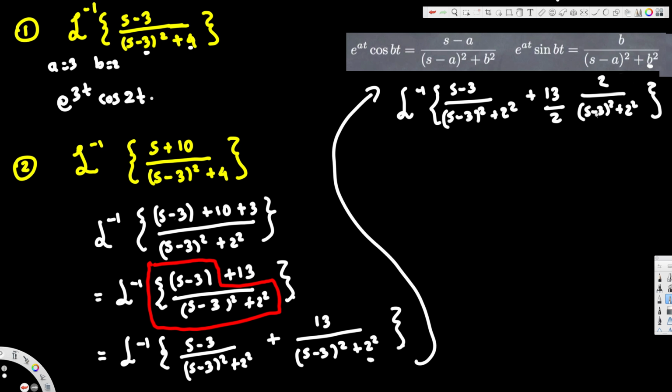So now we can write our inverse Laplace transform. For the first one, a is equal to 3 and b is equal to 2, and for the second one it's exactly the same.